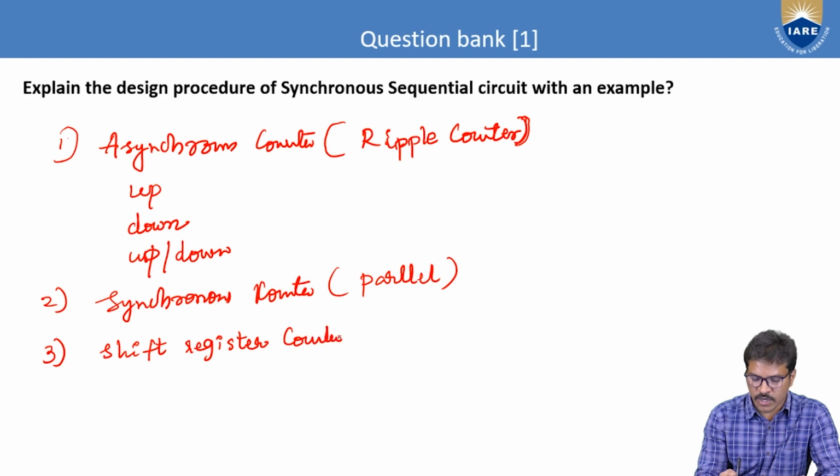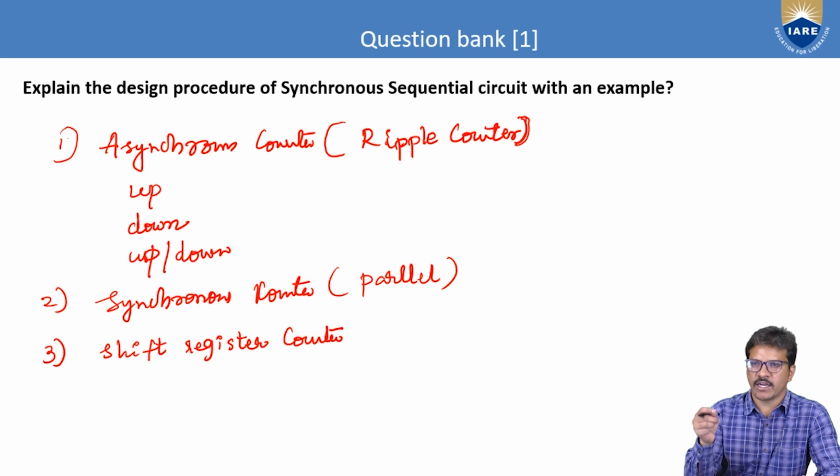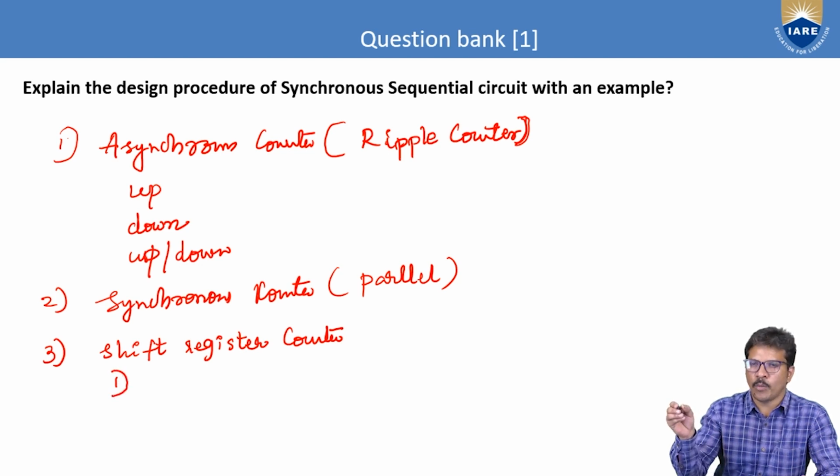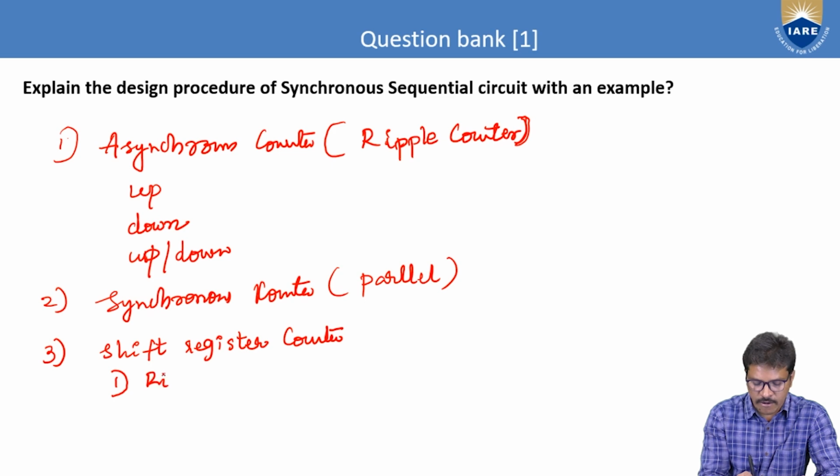Shift register based counters: using the formation of shift registers, we can connect the output of the last flip-flop back to the input of the first flip-flop. In a manner that the uncomplemented output is connected back to the input as a ring, this is called a ring counter, also called a circular counter.